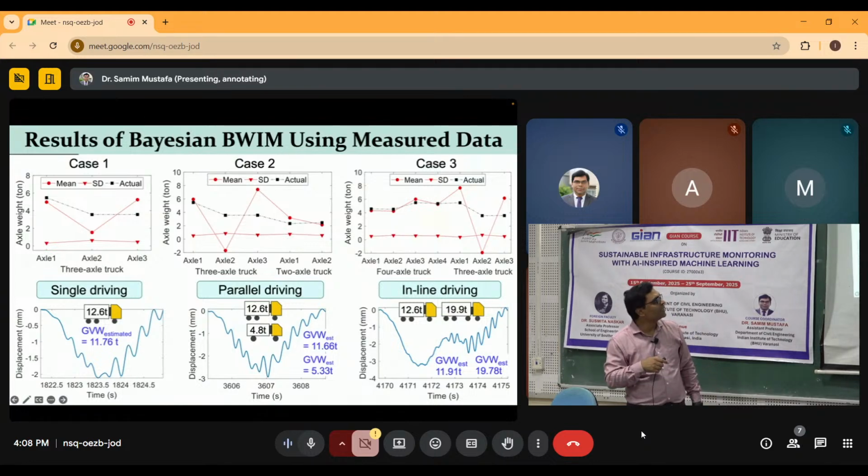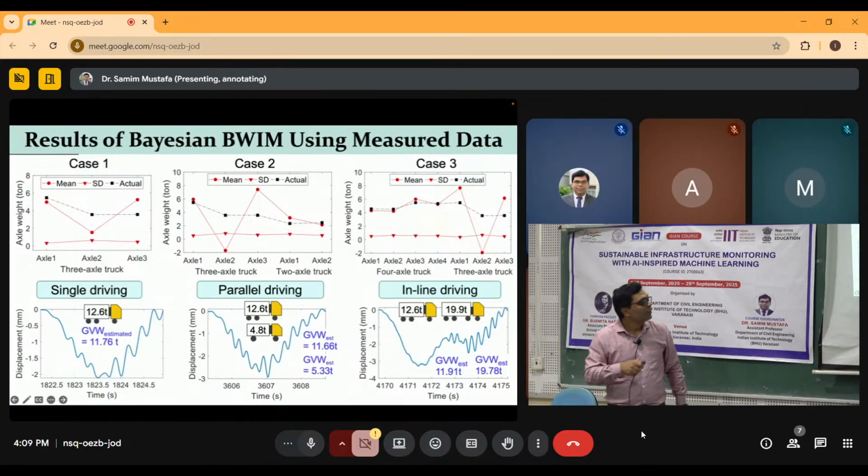Okay, for example, here axles number 2 and 3 are closely spaced. You see the larger error is in number 2 and number 3. For example, here two vehicles are running in parallel, two vehicles at the same time. So the second and third axles are closely spaced, so it is difficult to separate out the contribution of these two.